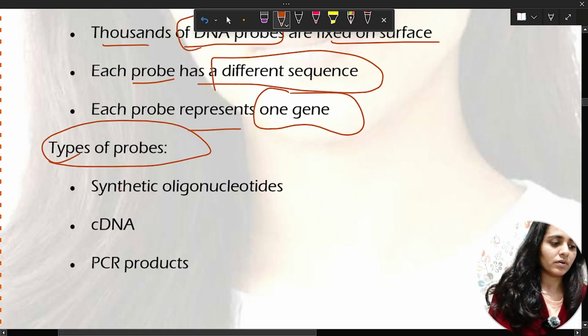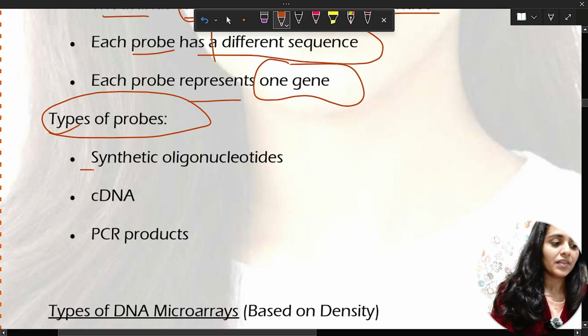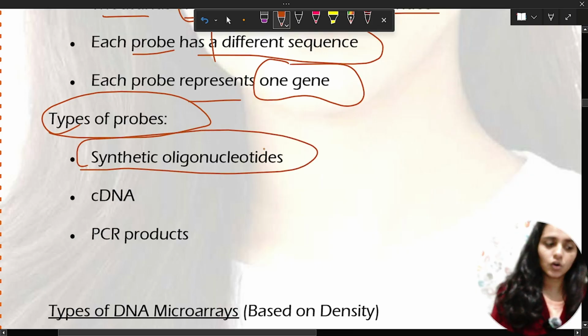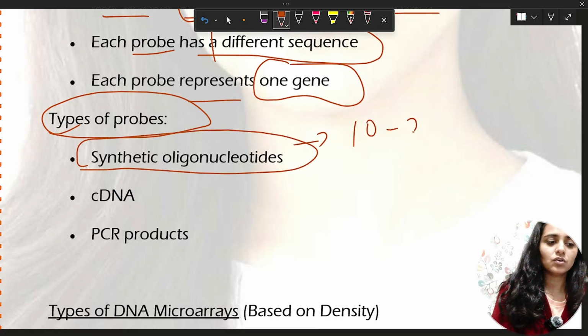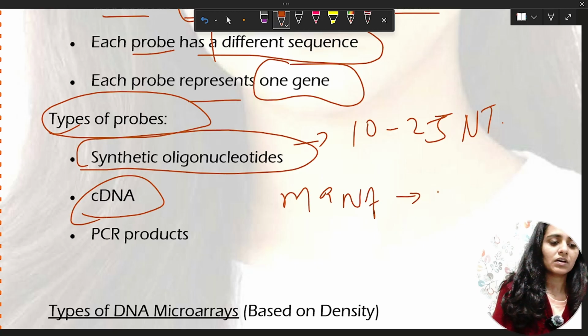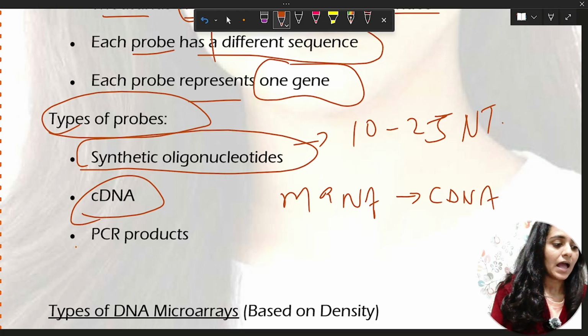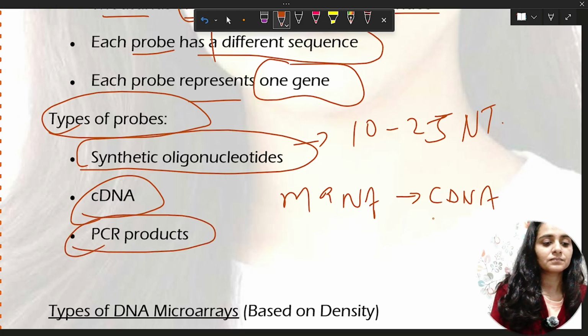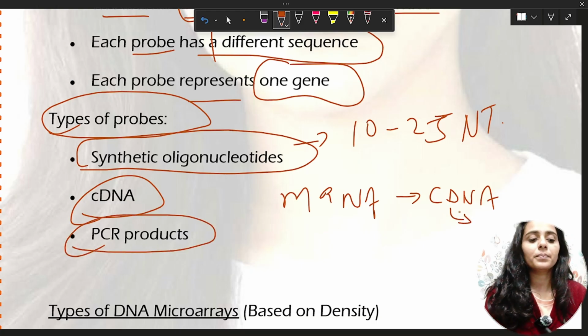Type of probe. Which types of probes do we use most of the time? That is synthetic oligonucleotides, which are 10 to 25 nucleotides in length, and cDNA, meaning mRNA converted into cDNA with the help of reverse transcriptase, and PCR products, which make many copies of cDNA.